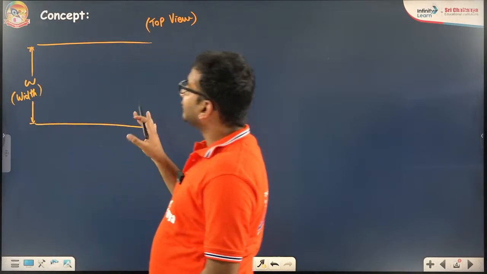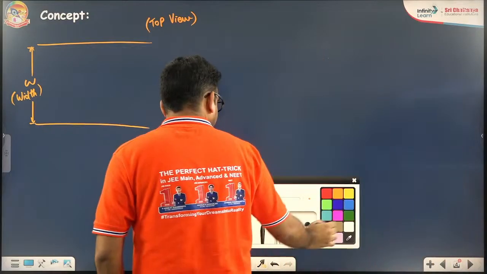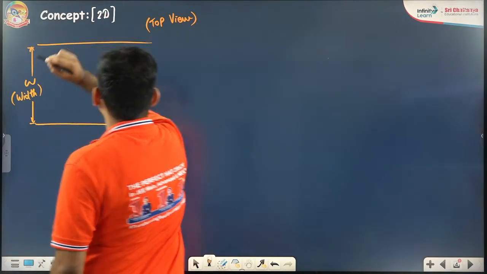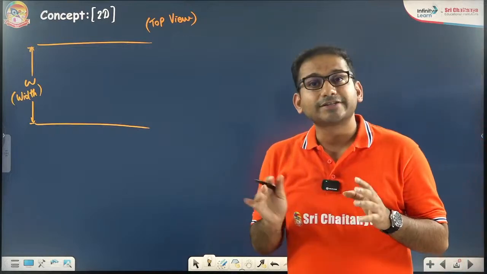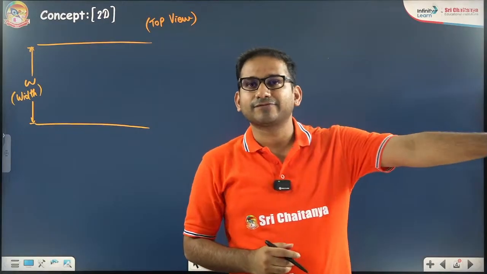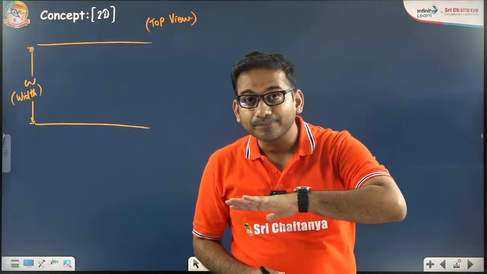And there is no role of gravity. This is the concept in 2D. 2D riverboat. Last slide we talked about 1D. Here we are talking about 2D. So there is no role of gravity. The reason is the river is flowing on the ground. This is our XY plane here, and we are taking a top view.